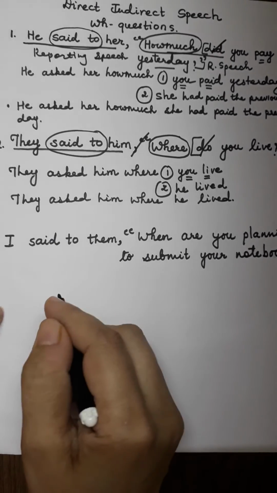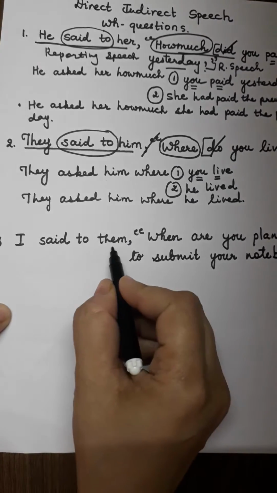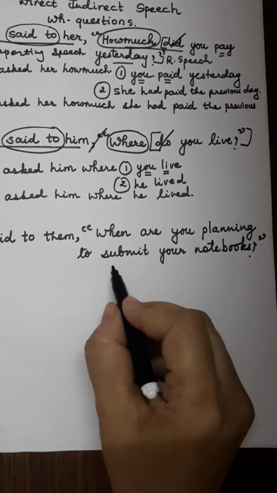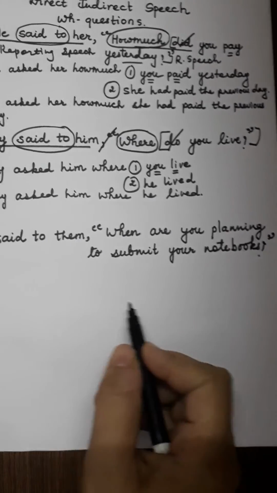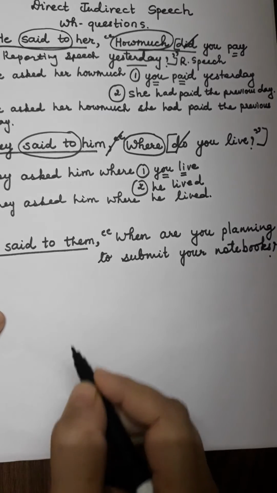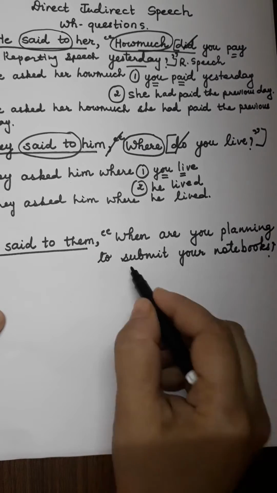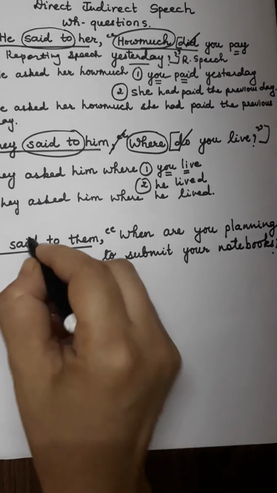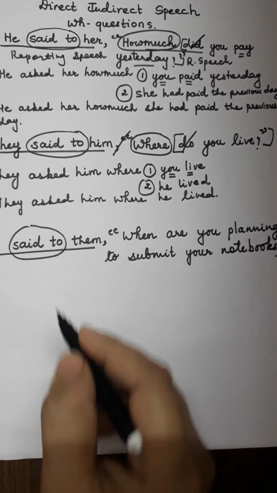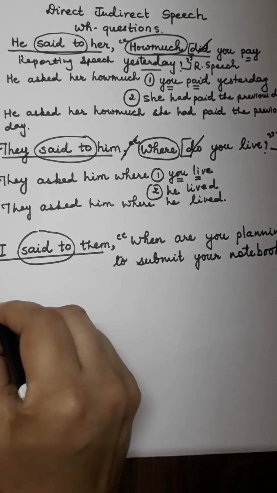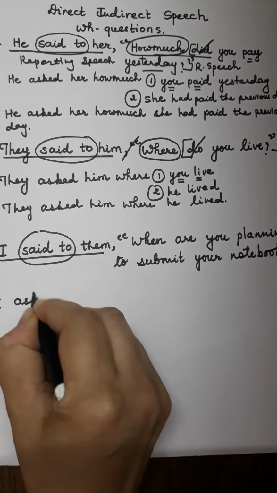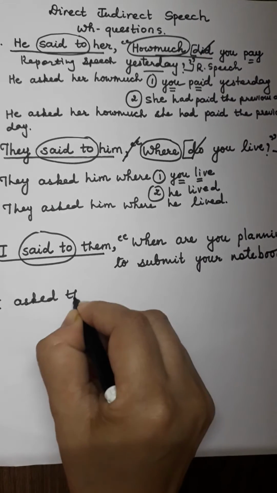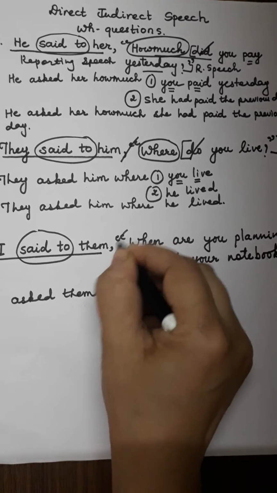Third sentence, I said to them, when are you planning to submit your notebooks? I said to them is the reporting verb. When are you planning to submit your notebooks? is the reported speech. Here again said to becomes asked or question. So I am writing, I asked them. Remove comma and inverted commas.